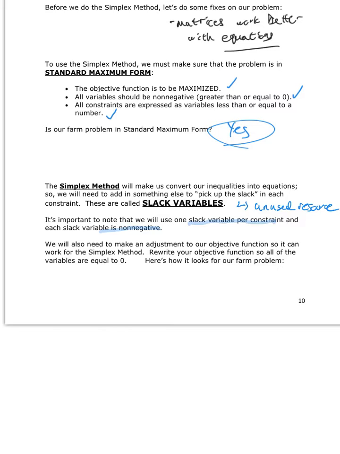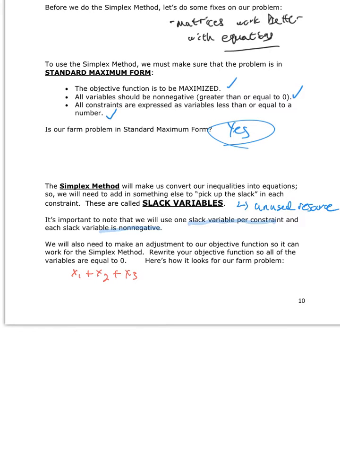Okay, so the way this now looks is that I'm going to have a slack variable added in for our farm problem. So the first one has to do with the land. Okay, so if you remember, that constraint was x1 plus x2, oopsies, plus x3.